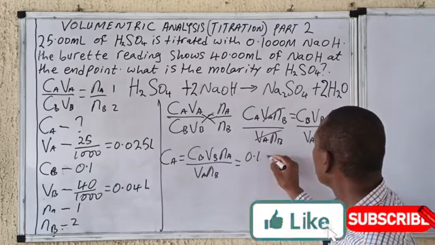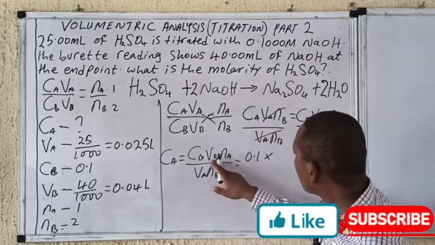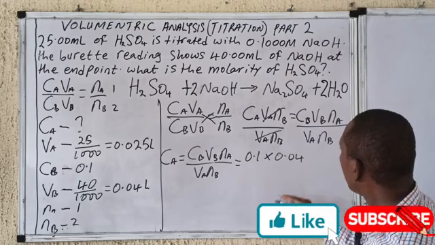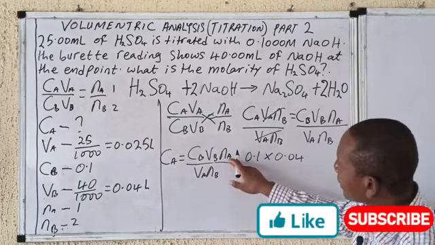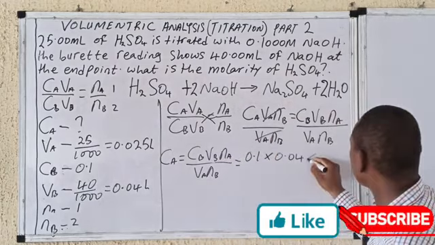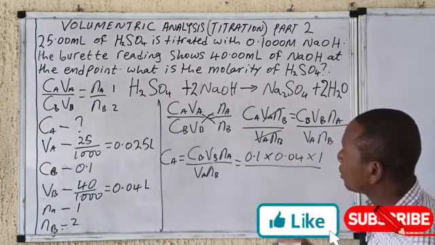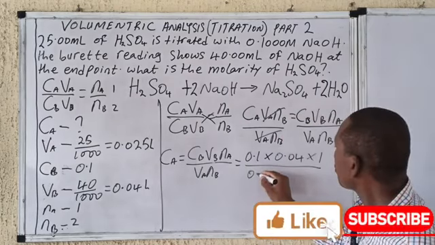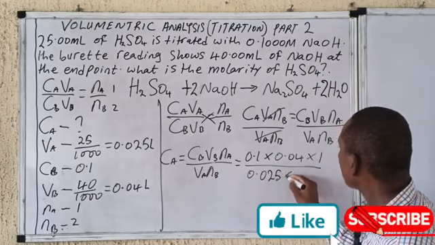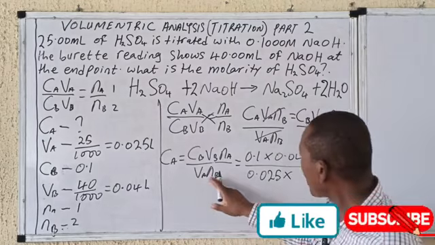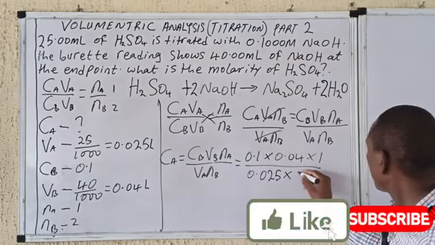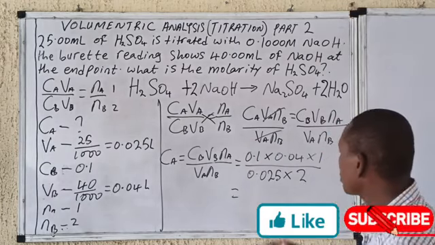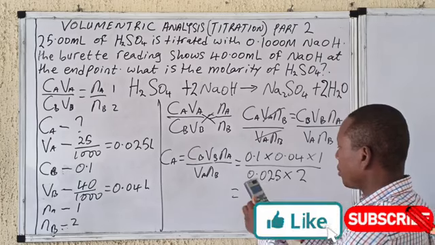So what is Cb? 0.1. 0.1 times, what is Vb? 0.04. Then what is Na? 1, all over, what is Va? 0.025 times, now what is Nb? 2. So you just carry out the normal calculation. Let's use the calculator.